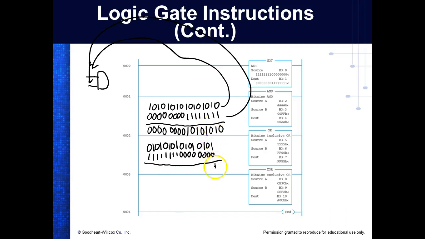So this is going to come through unaffected. This is going to come through unaffected. This is going to come through. And what are these going to be? No matter what they are, they'll come through as ones.